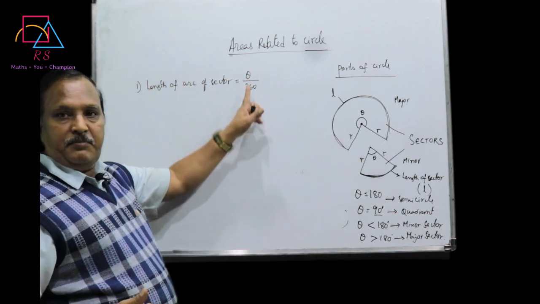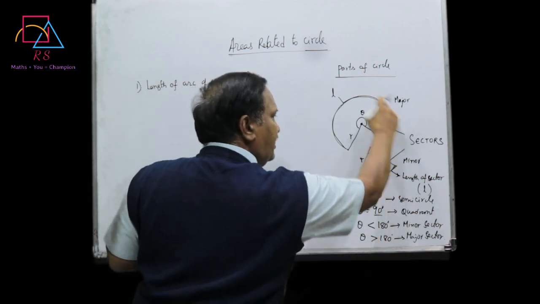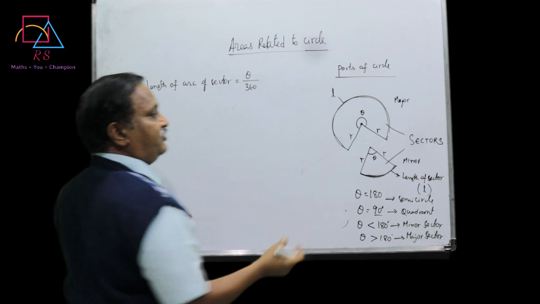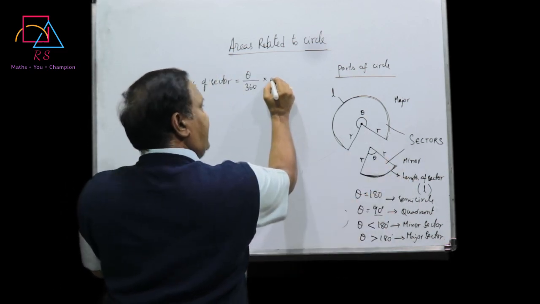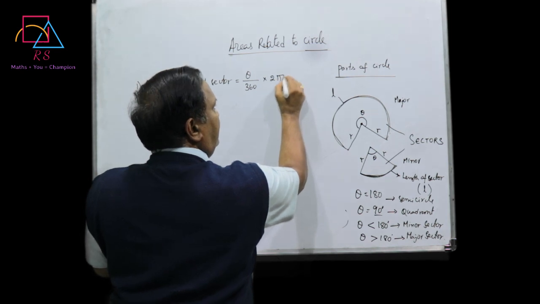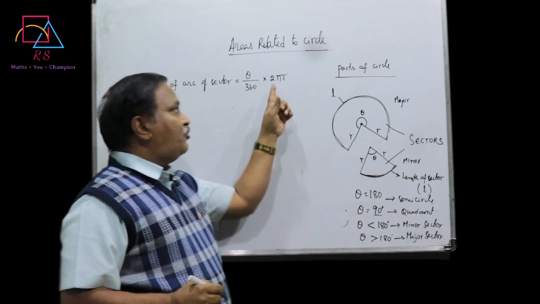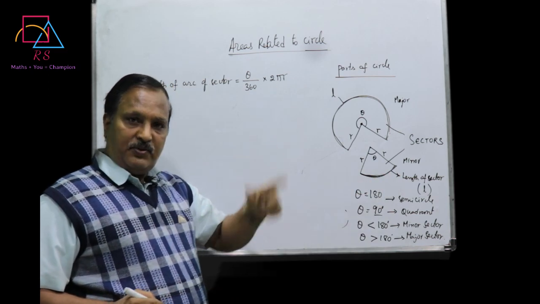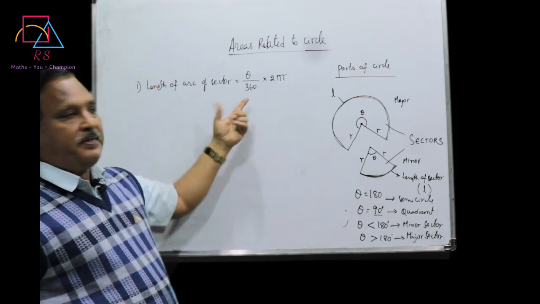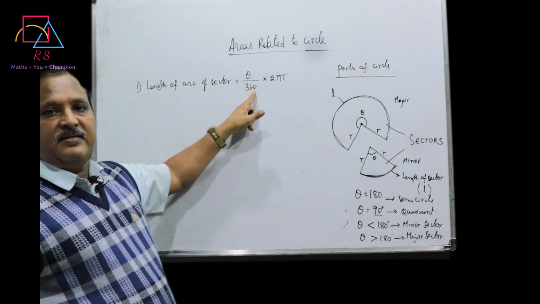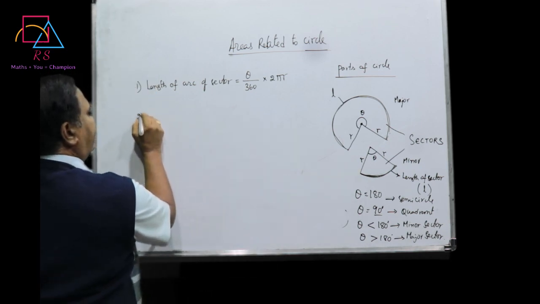Theta upon 360, because we want only the length of arc. The total is nothing but the circumference, 2 pi r, so this is a part of 2 pi r. 2 pi r is the total circumference of the circle. What is the part? Theta upon 360. This is one thing you can find out for the sector.